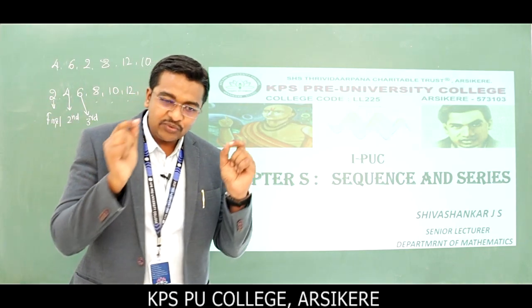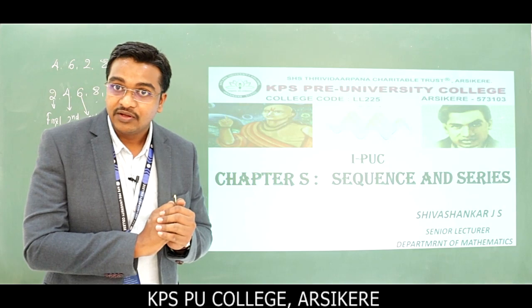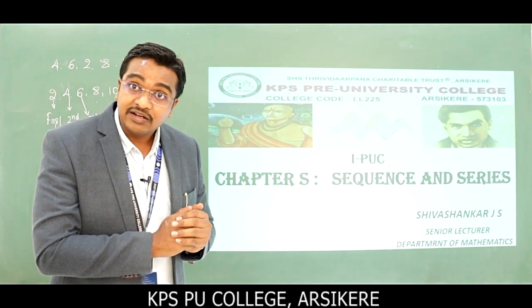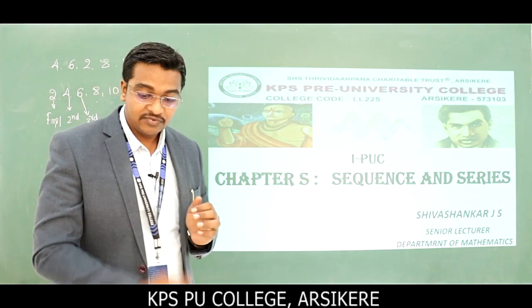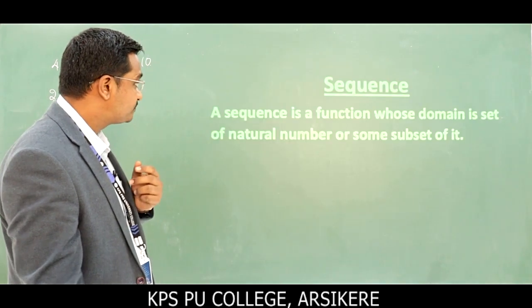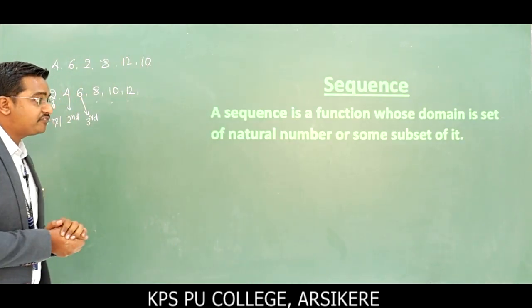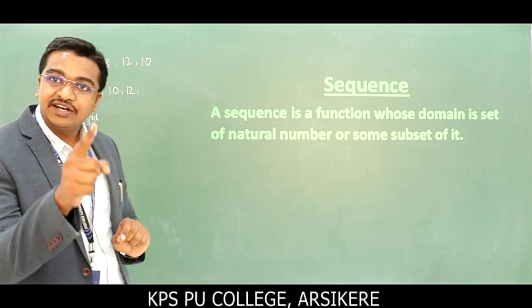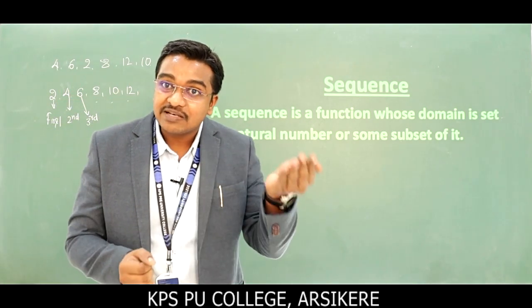Understood, children? When it comes to mathematics, we have another definition for sequence. What is the definition we observe here? A sequence is a function whose domain is the set of natural numbers or a subset of it.